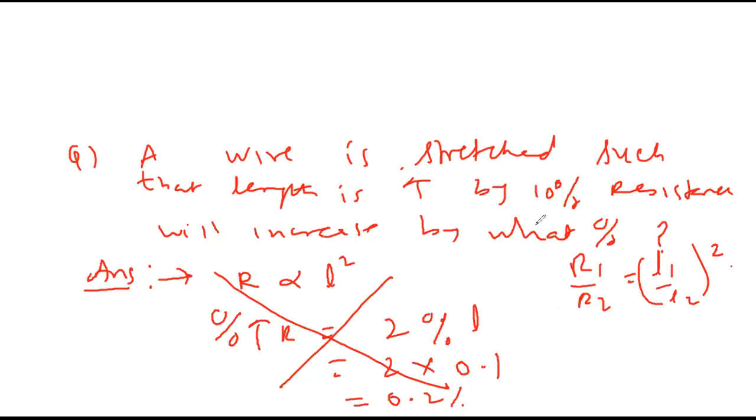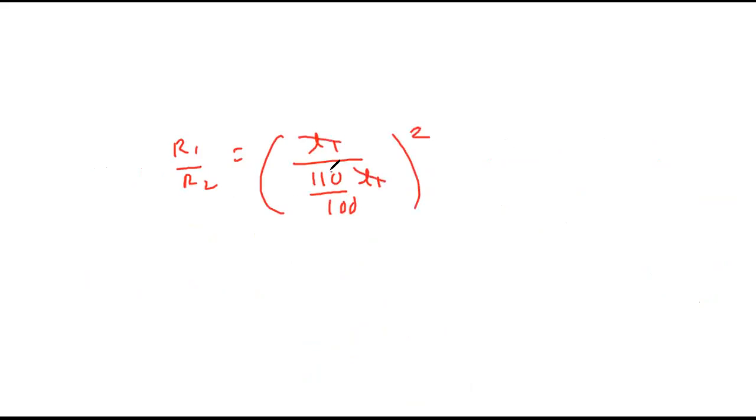What's the answer? Yes, you got the answer? Sir, 21%. Correct, 21%. R1 upon R2 is L1 upon L2 squared. L2 is 10% more, that means 110 upon 100 of L1, squared. So this will be 10 upon 11 the whole square, that means 100 upon 121 is R1 by R2.